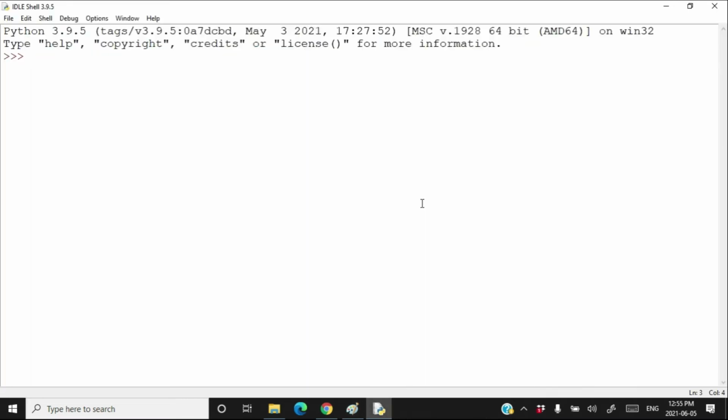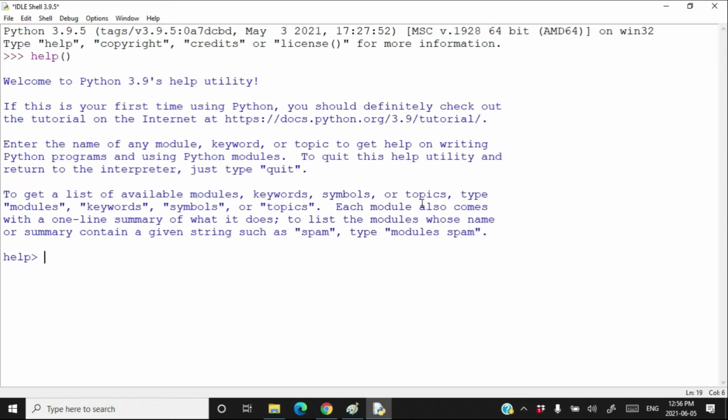If you want to see what keywords are used by Python 3.9, go to the Python shell, that means use Python in interactive mode, and write help followed by opening and closing small brackets. Press enter and you enter the help utility, Python's help utility. Now, in the help utility, you type keywords.